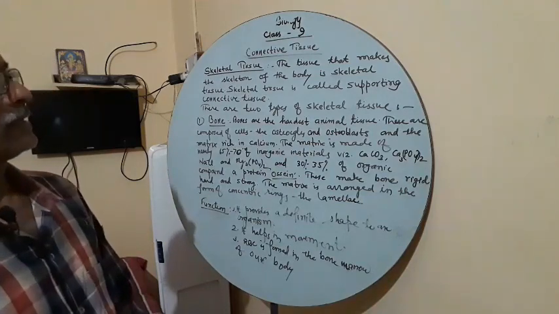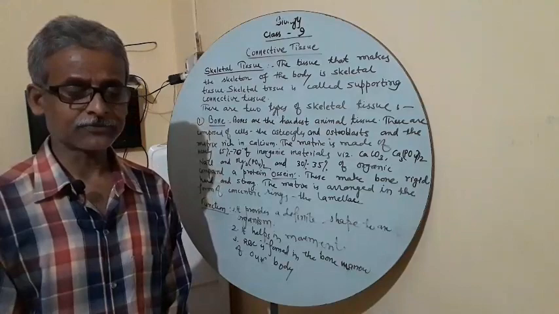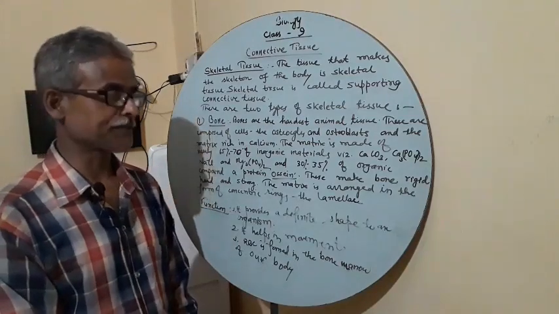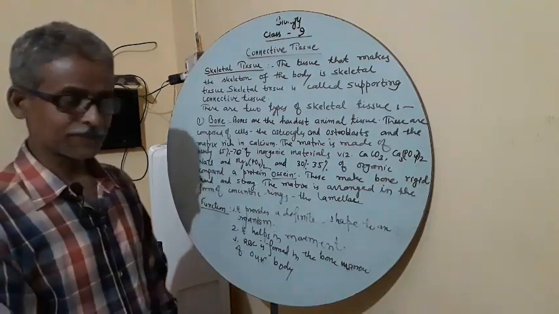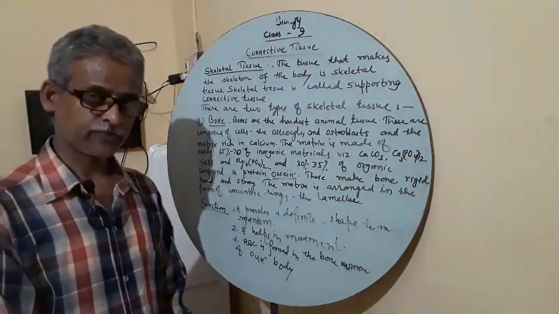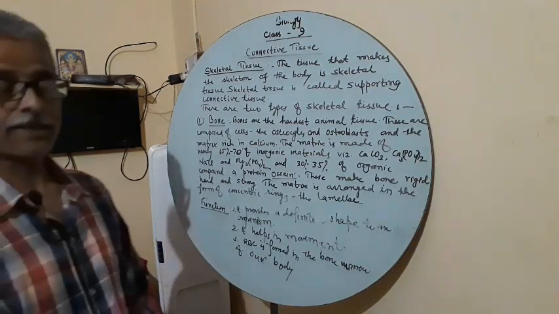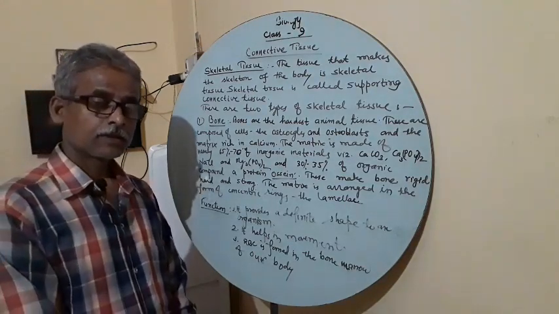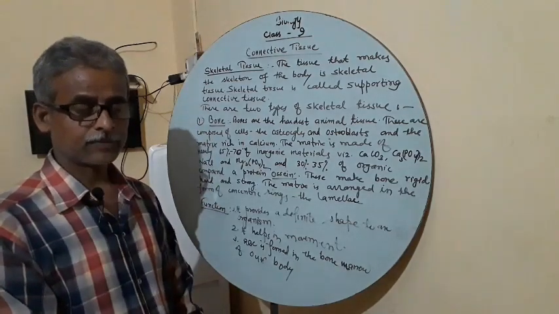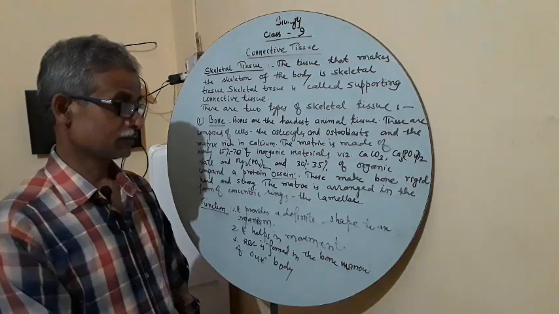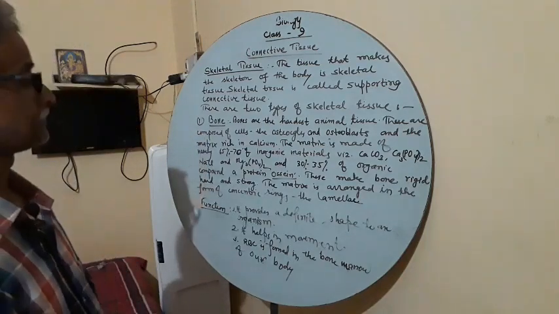The inorganic materials are the compounds of calcium, that is calcium phosphate and calcium carbonate, sodium chloride, magnesium phosphate. On the other hand, the organic compound is mainly protein, a special protein that is called ossein.